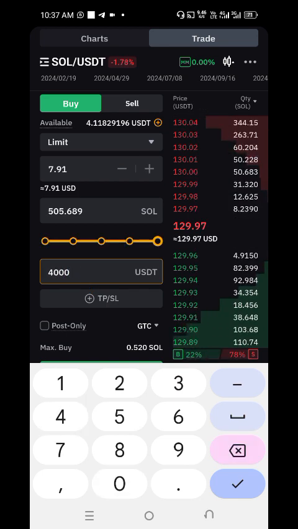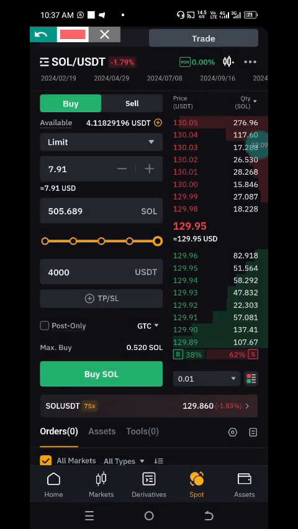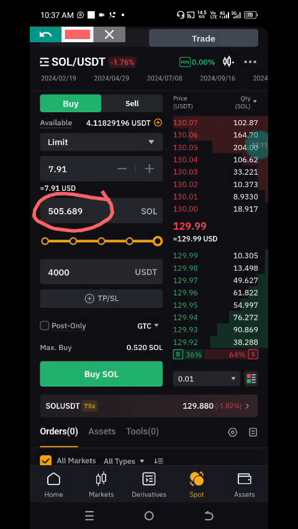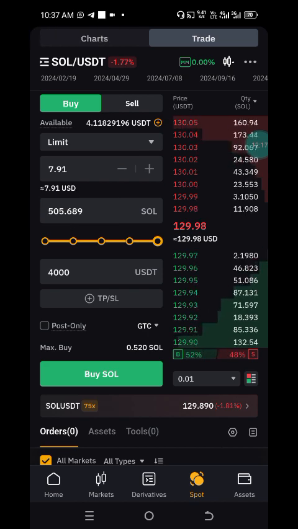We buy Solana, almost how many? We buy like 505.6 Solana at this rate. For example, you are at $1,900, almost 2,000. Let it be, for the sake of argument, $2,000. You lost your money, but you are still in the market, and you buy the dip for 4,000 US dollars, and the price of Solana reaches how many US dollars?